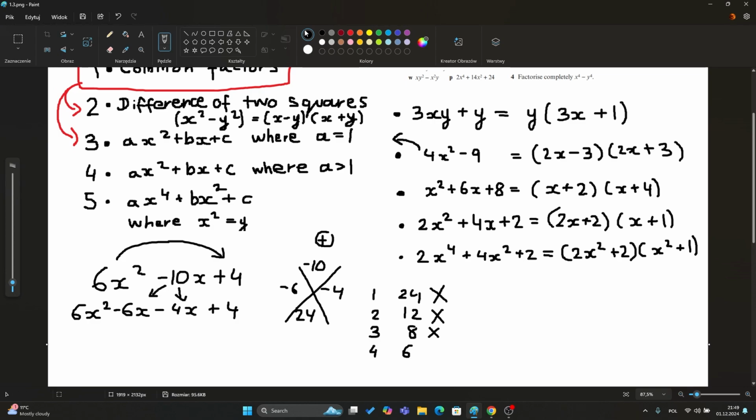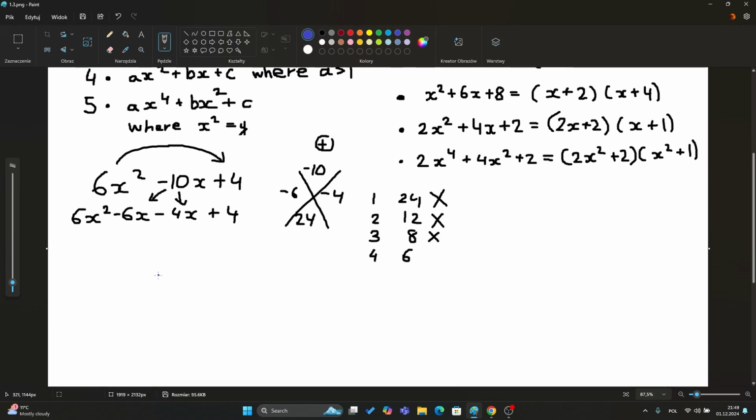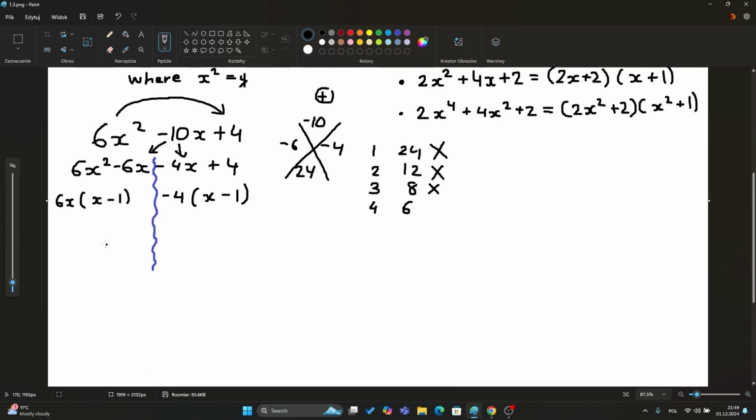So what happens now is that we divide this expression and we factorize it separately. The left side first, so that's 6x and x minus 1, minus 4, x minus 1, and this is the same as saying 6x minus 4 and x minus 1.